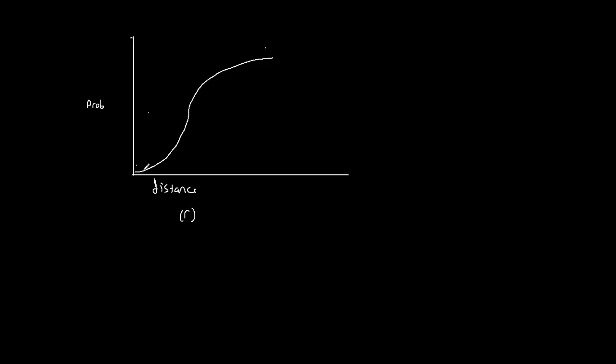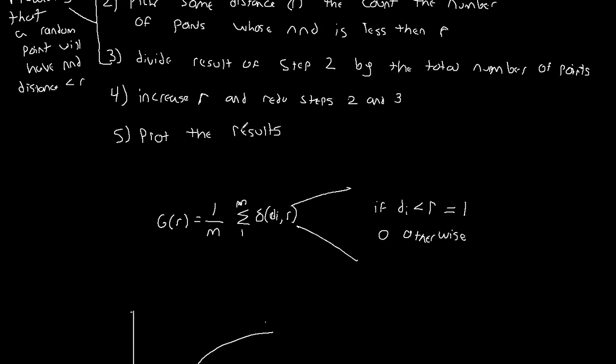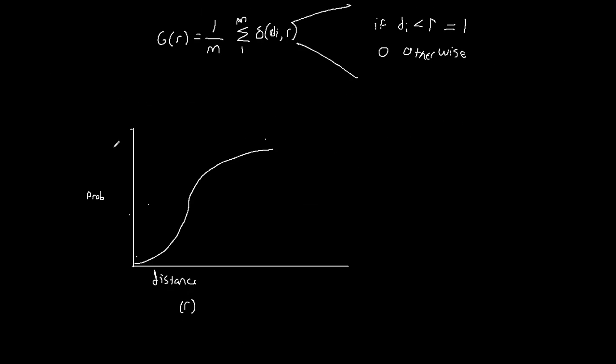But what I'm hoping you take away right now is that this equation tells you, for a given distance, the probability that a point chosen at random will have its nearest neighbor within that distance. And when you graph that, it's showing how that probability changes as we increase the distance.